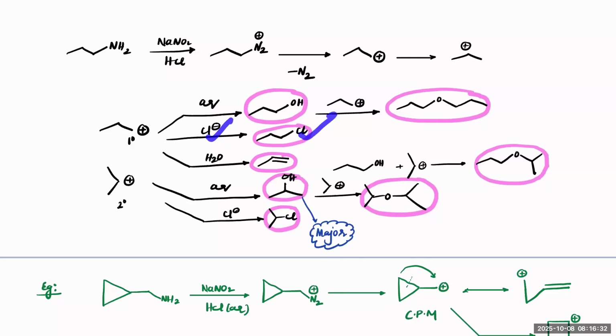Chlorine can attack, you will get chloride. Water can act like a base also, creating alkene. And this alcohol, when it reacts with an existing carbocation, can give ether formation also. And this alcohol, on reacting with this carbocation, can give this ketone, right?